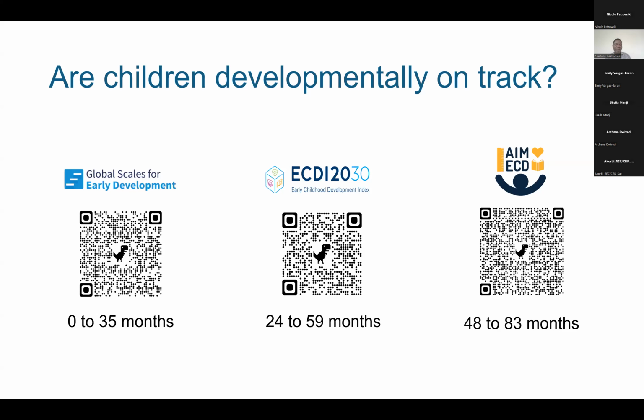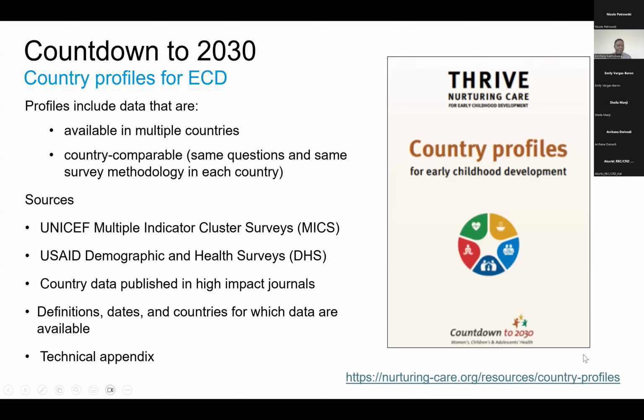And again, thanks to the World Bank, the AIMS ECD, 48 to 83 months. Somebody may say, why the age overlap? Because the effort is to ensure that we don't leave any child across the spectrum, but these instruments speak to each other, and there's also work in progress so that we synchronize the age overlap. Let's move on, Sheila. Thank you.